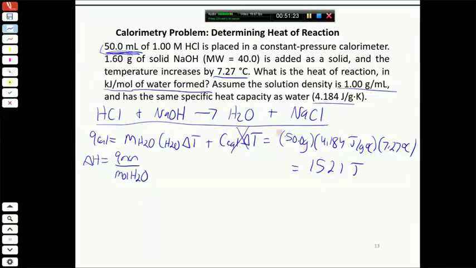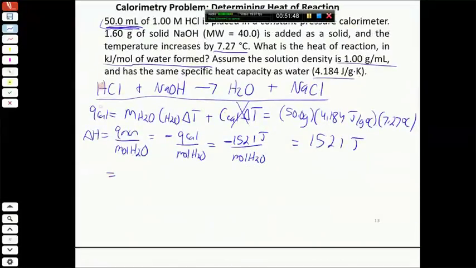So this is the delta H for this specific amount of substance we're using. What's the delta H going to be for the reaction on a 1 mole scale? So this is equal to negative of the heat for the calorimeter divided by moles of water, which is then minus 1521 joules divided by however much water is formed.